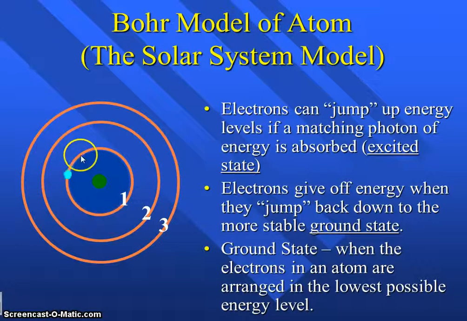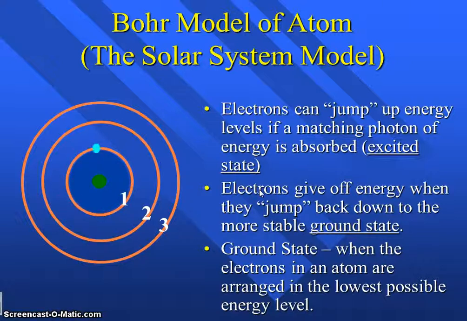So if it absorbs the energy, it'll get kicked up to a higher level. Maybe it absorbed, let's just say, 10 joules of energy that kicked it up to the higher level. Well, when it jumps back down, it's going to give off the 10 joules of energy. So it's the same amount of energy, it's just given off as opposed to absorbed. And so now that it's in the most stable configuration again, the atom is said to be in the ground state.